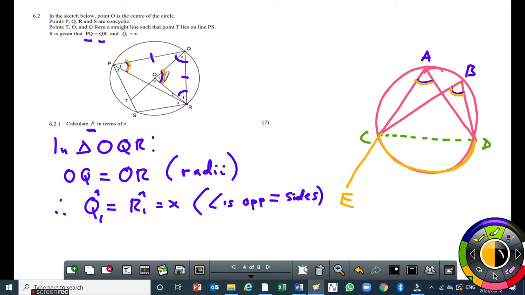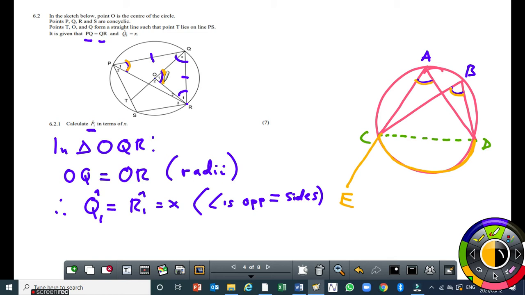O2 is equal to 2x from exterior angles, then O1 equals 180 minus 2x. Or O2 is an exterior angle of a triangle, so it's equal to x plus x, which is 2x. And then O1 equals 180 minus 2x.